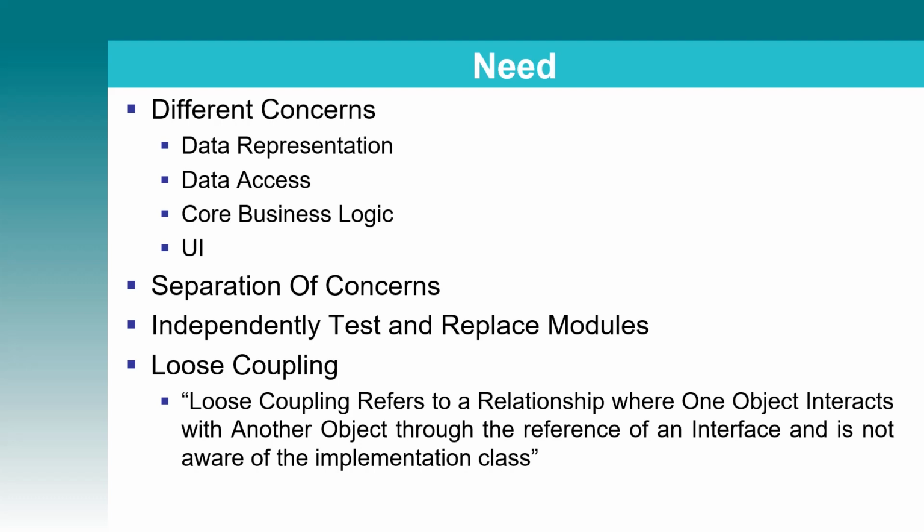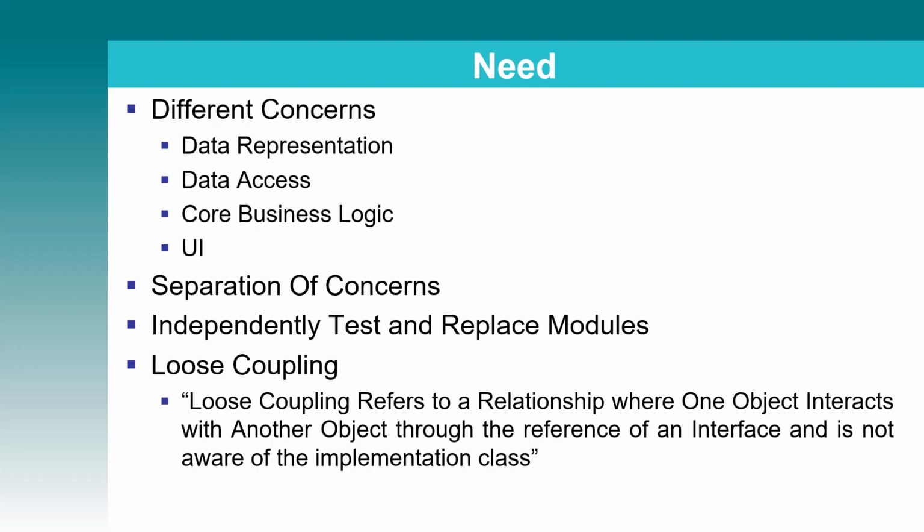So going by this principle, we would like to create a set of classes which concern with data representation only. That's one concern. Similarly, we would write another set of classes which deal with data access only. That's a separate concern. And we would write another set of classes which deal with business logic only. We separate that concern out. And possibly different groups of classes to do different types of UI.